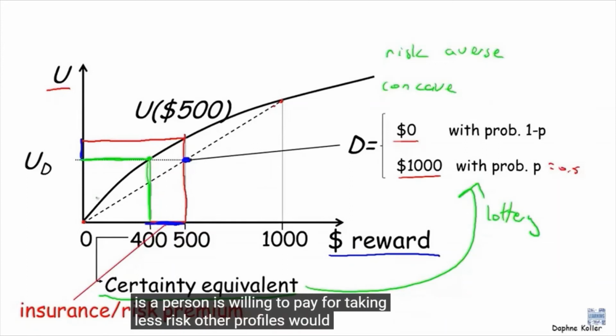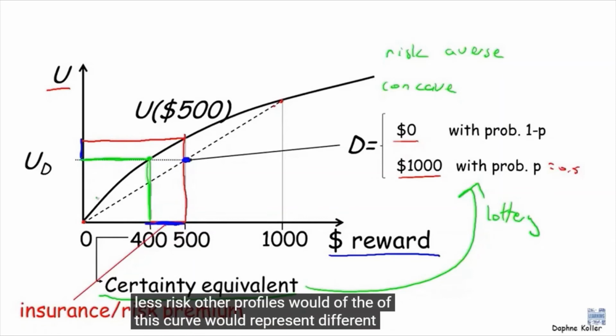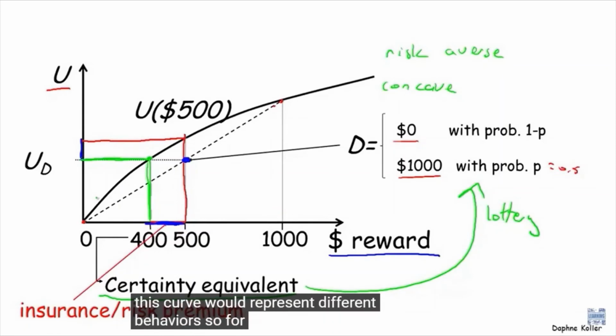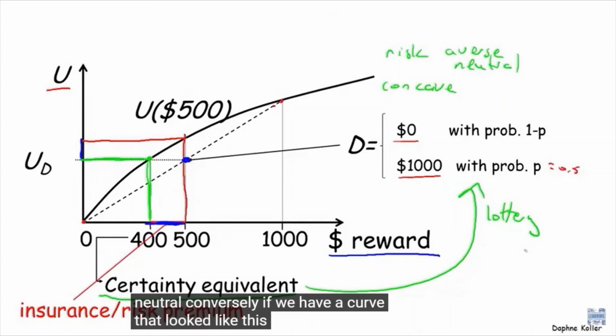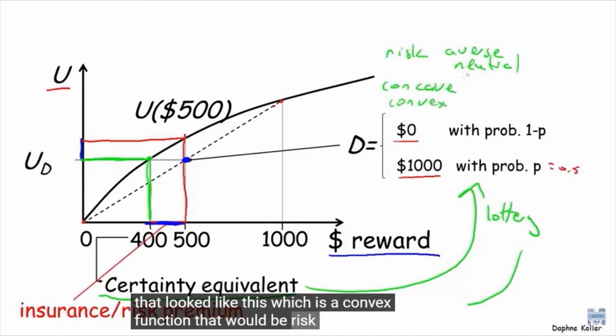Other profiles of this curve would represent different behaviors. For example, if the utility was linear in the reward, that would be a behavior that is called risk neutral. Conversely, if we had a curve that looked like this, which is a convex function, that would be risk seeking.